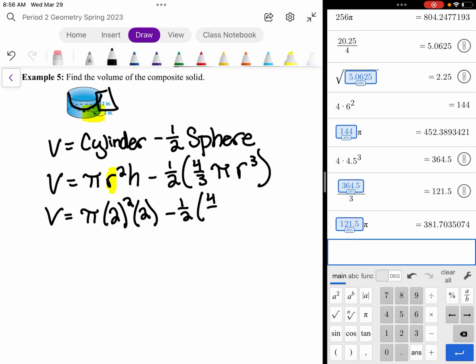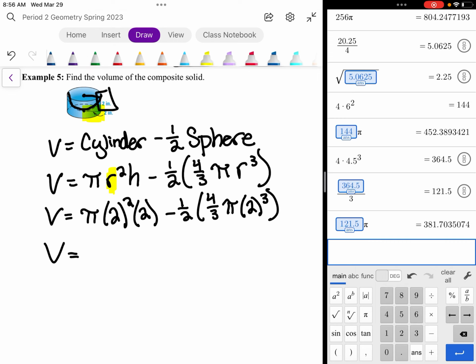And then if we look, that is the same radius as the sphere that's in there. So our radius there is going to be 2 cubed. Okay. If we are giving our answer in terms of pi, again, we're going to type everything into the calculator except for pi. So 2 squared is 4, multiplied by another 2 is going to give us 8 pi.